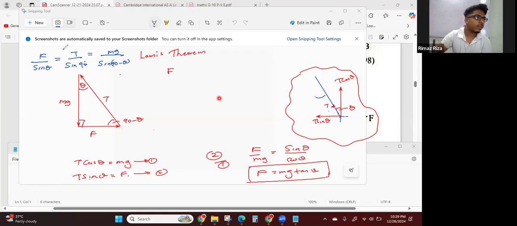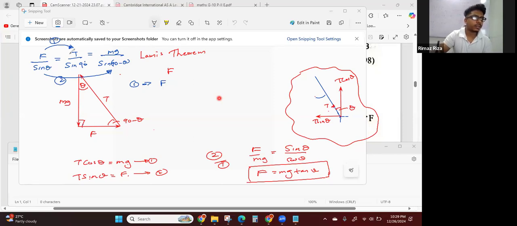So then to find F, we can consider this and this. From 1, I can write F over sin theta equals T over sin 90.